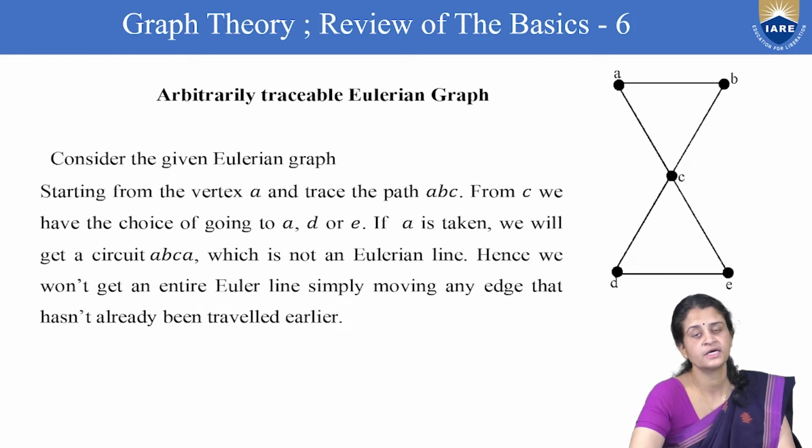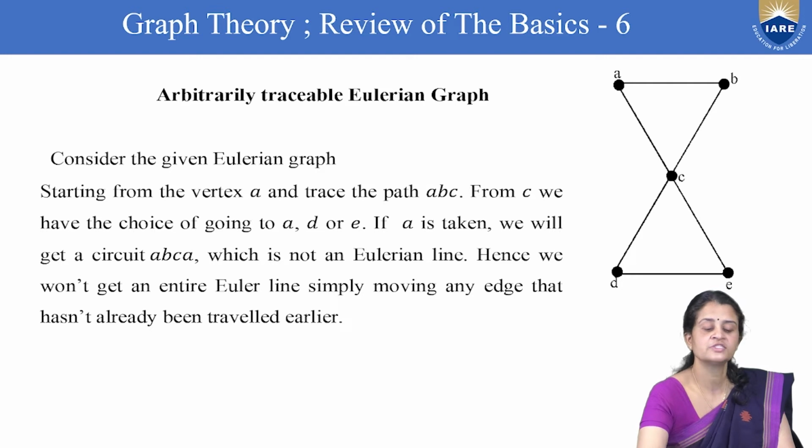Now we will see what an arbitrarily traceable Eulerian graph is. Consider this Eulerian graph. Is it Eulerian? Yes. If we start from any of these vertices, we can return to the starting point. But here we have to choose our edges arbitrarily.